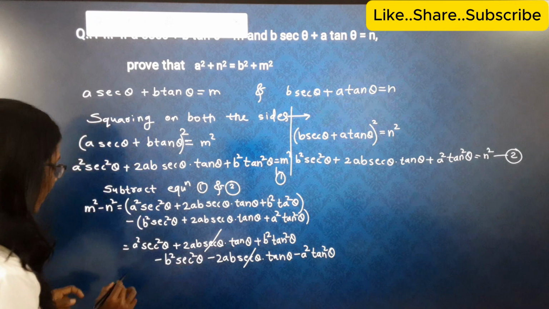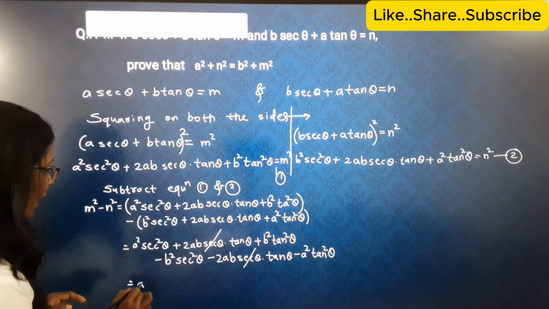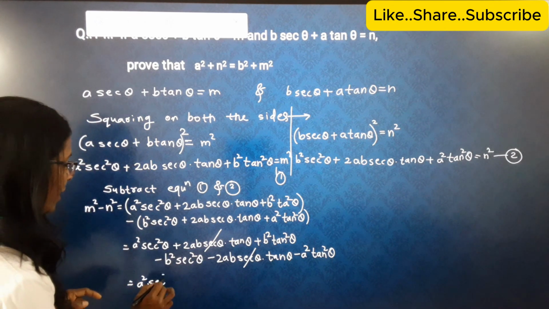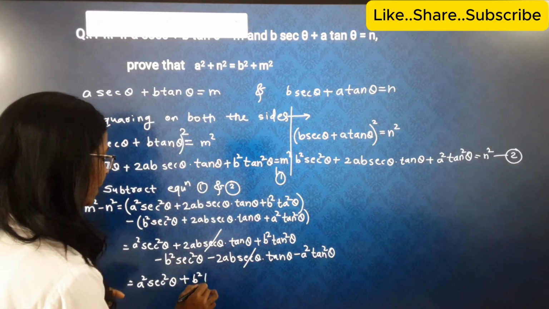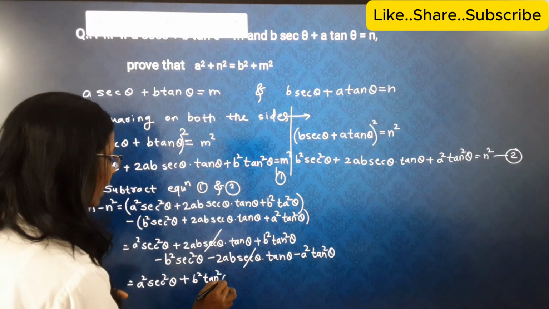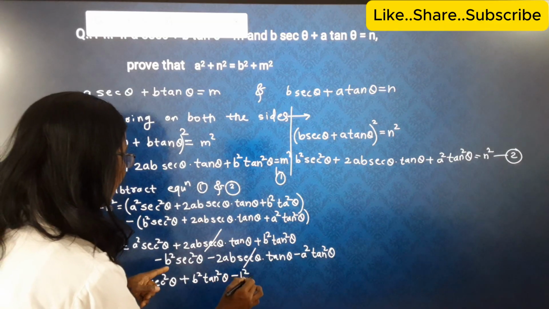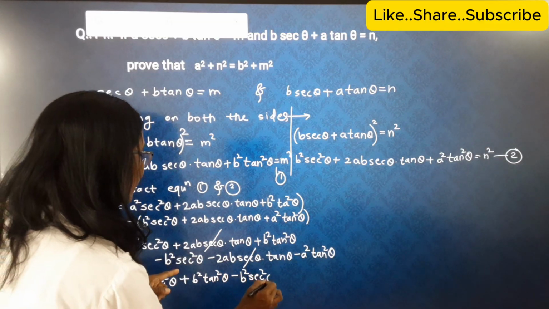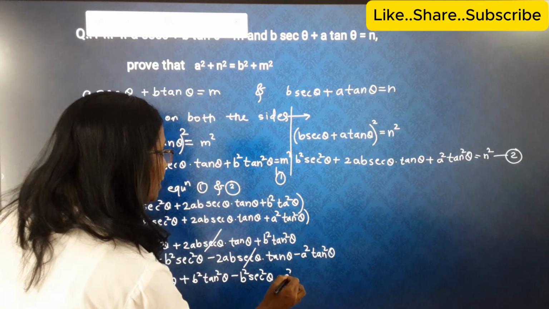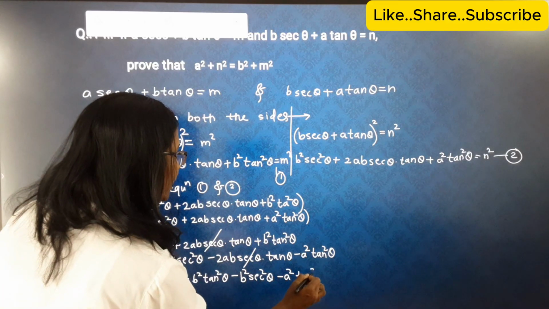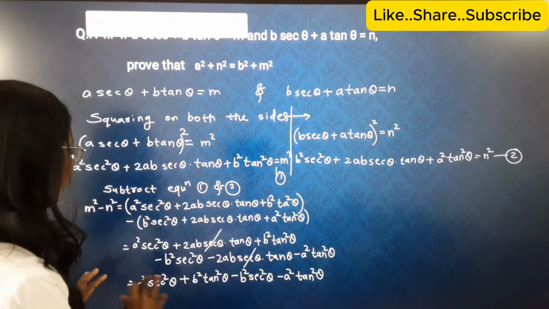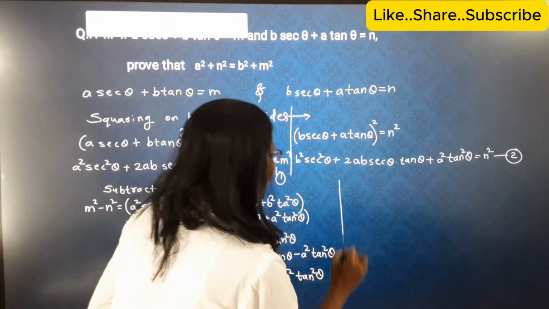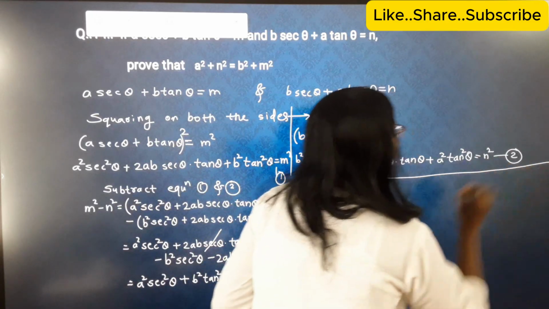Now the remaining terms are a square sec square theta plus b square tan square theta minus b square sec square theta minus a square tan square theta. Now I arrange the terms this way, students.